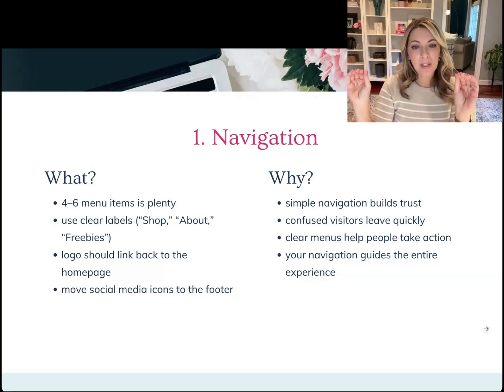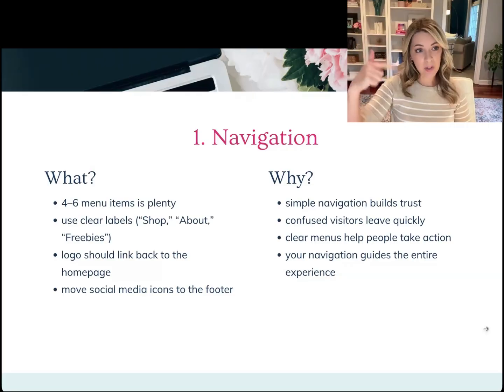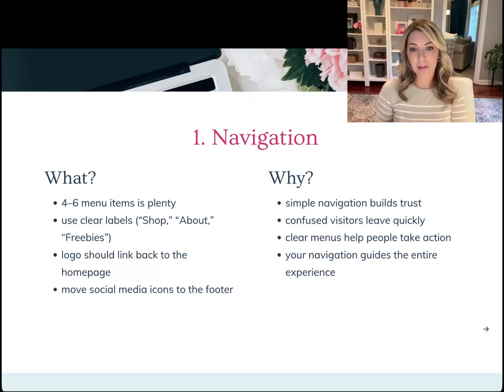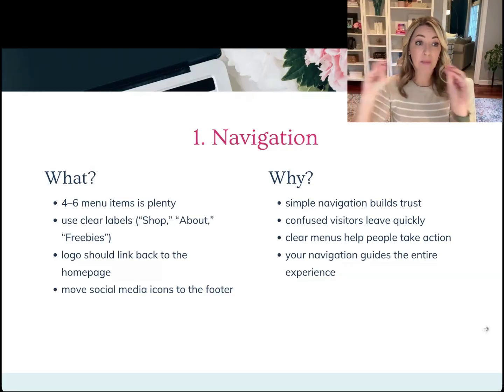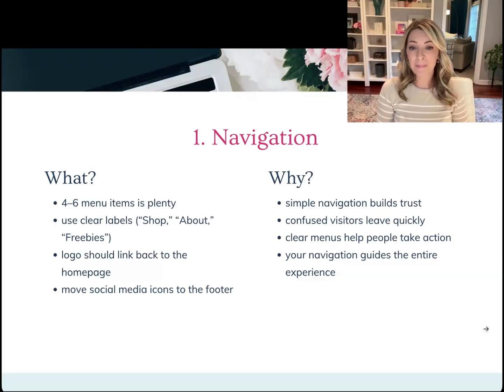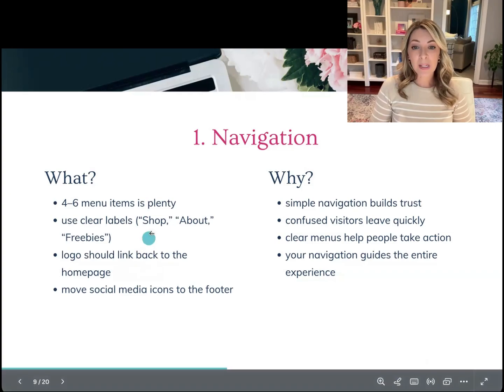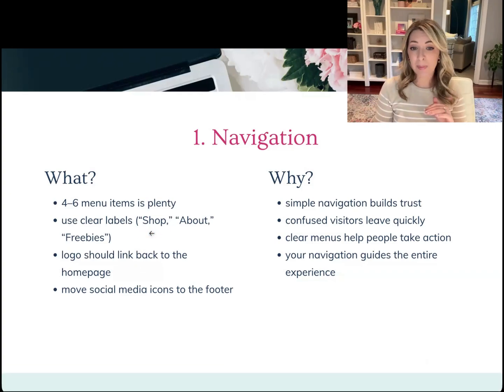You want to keep it to between 4 and 6, which is typically plenty. If you have more than that, then you want to do a drop down and nest those menu items underneath just to keep it really nice and clear. You don't want to have double stacking menu bars. The labels should be as short and sweet as you can, like shop, about, freebies. Those are great.